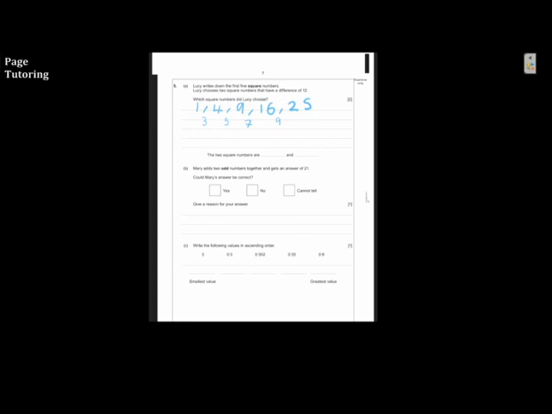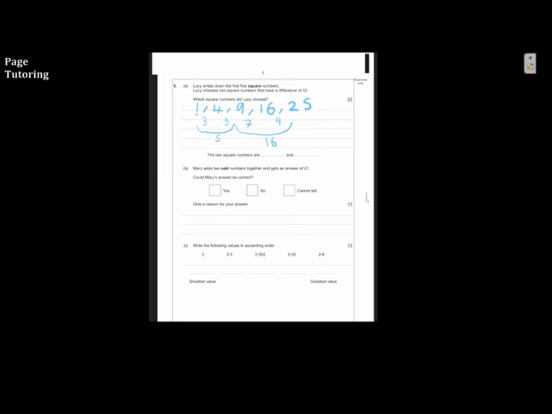It's not going to be 2 square numbers that have come after each other. So let's now start doing every other one. So we compare 1 and 9, that's 8. If we compare 9 and 25, that'll give us 16. So we know it's not them.